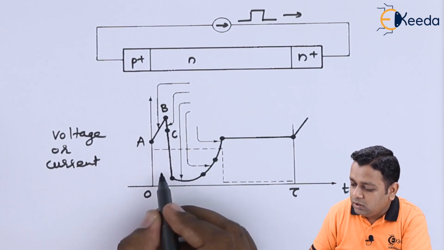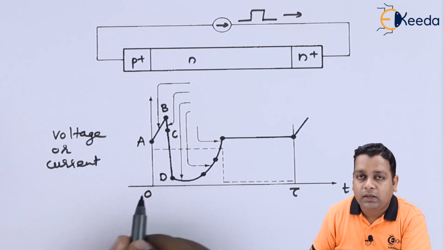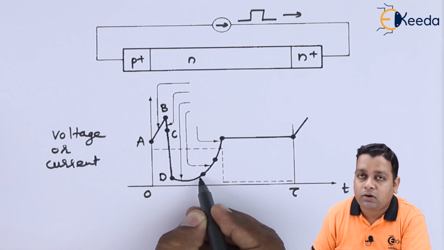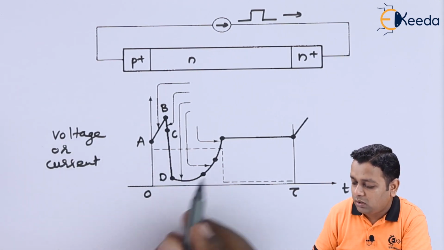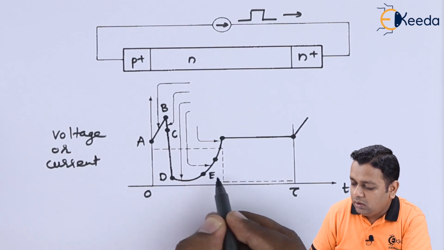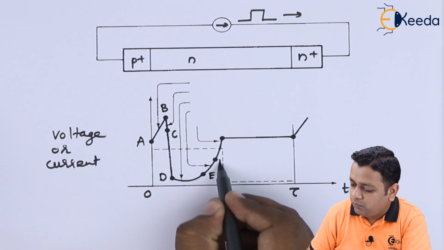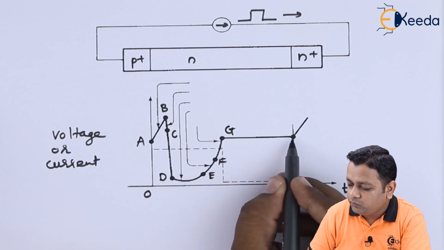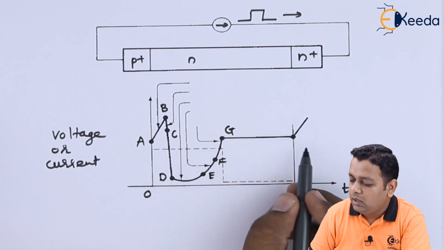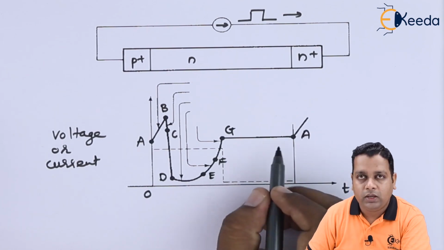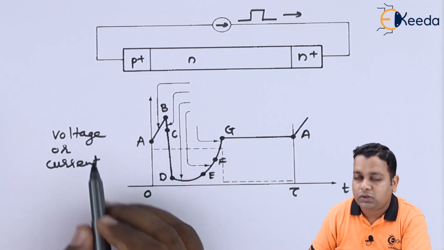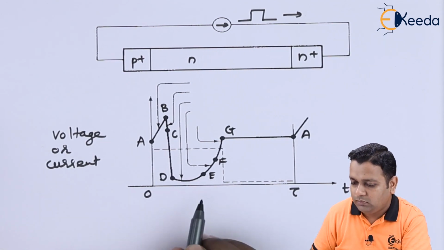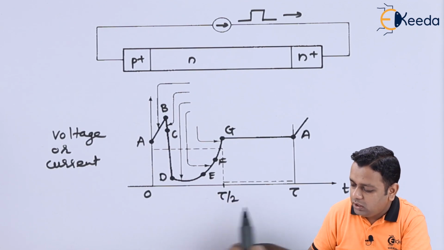Next, the reduction continues until it reaches point D. Then there is a gradual increase in either the voltage or current, and we go up to point E, further to point F, and next to point G, and it becomes constant up to where we get back to point A. So a lot of changes in the voltage or current levels we observe in half of this transit time. Hence we mark here tau divided by 2.